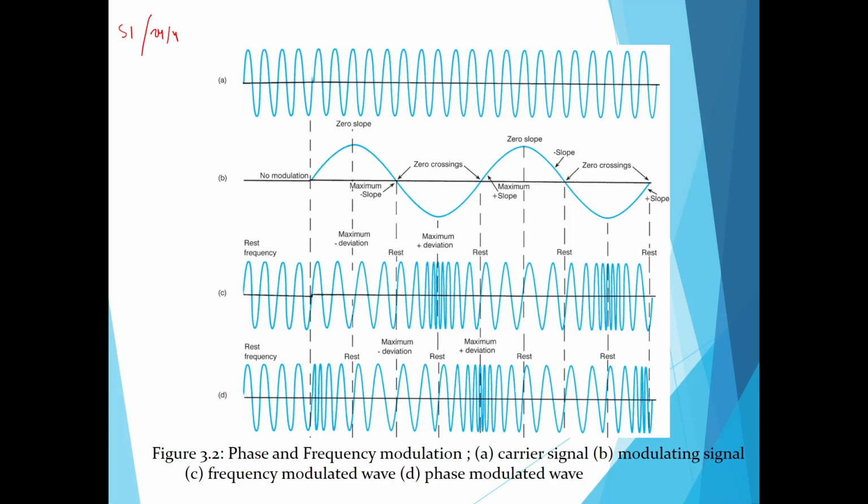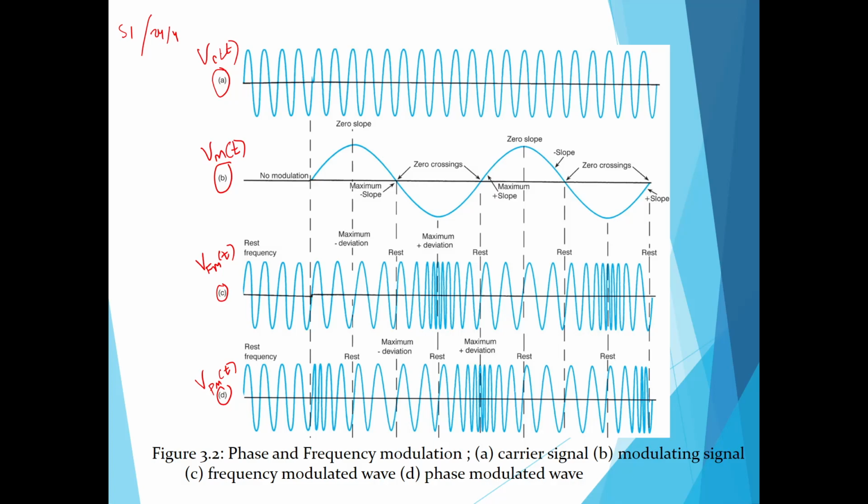If you see the picture above, A is VCT, picture B is the modulating signal, which is VMT, picture C here is VFMT, and picture D here is VPMT for phase modulation. Okay, so you see that FM and PM signals look similar.